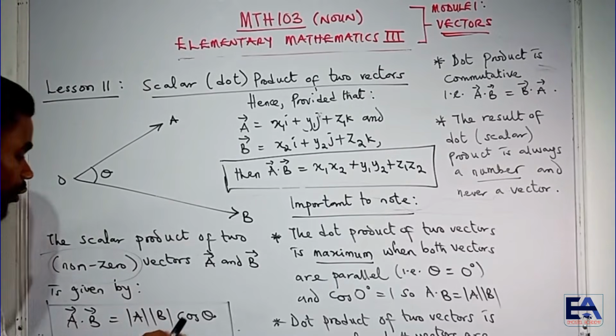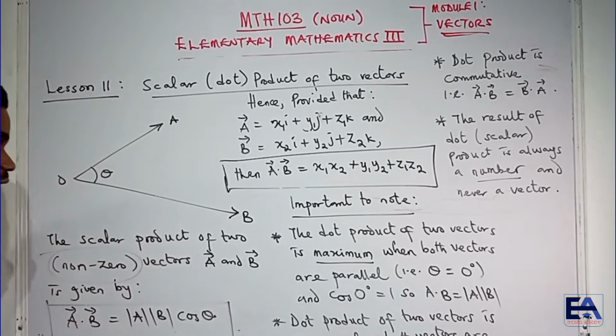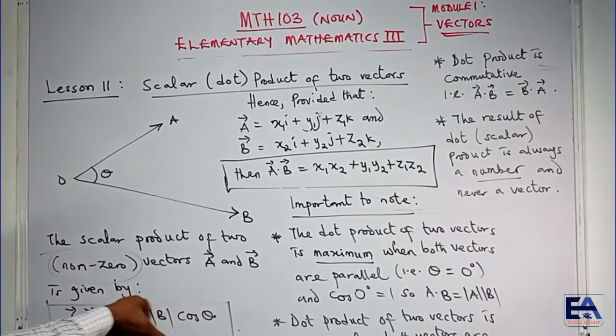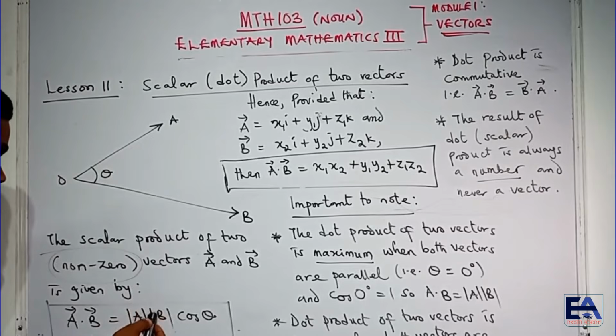So cos 60 degrees is 0.5, multiplied by the magnitude of A and B. Magnitude of A multiplied by magnitude of B multiplied by 0.5. That is going to be half of whatever value we get from the product of the magnitudes.